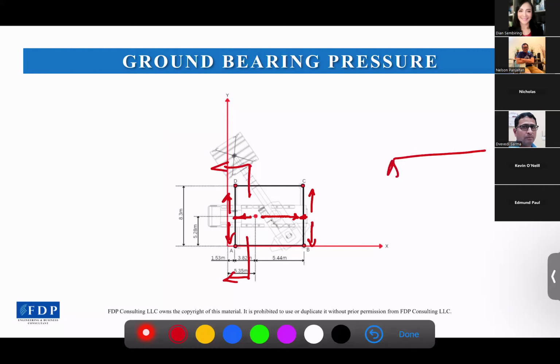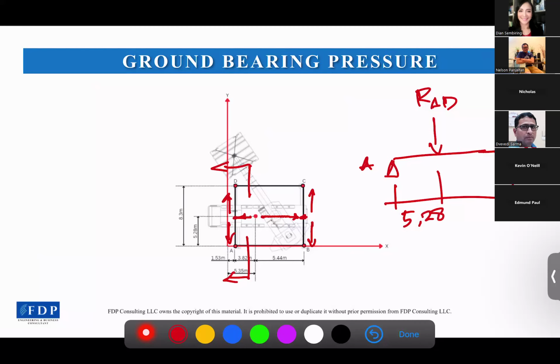So if I look at it this way, there will be A at the left, D at the right, and the load is coming from the combined reaction AD, which is at a distance from A of 5.28, like that.